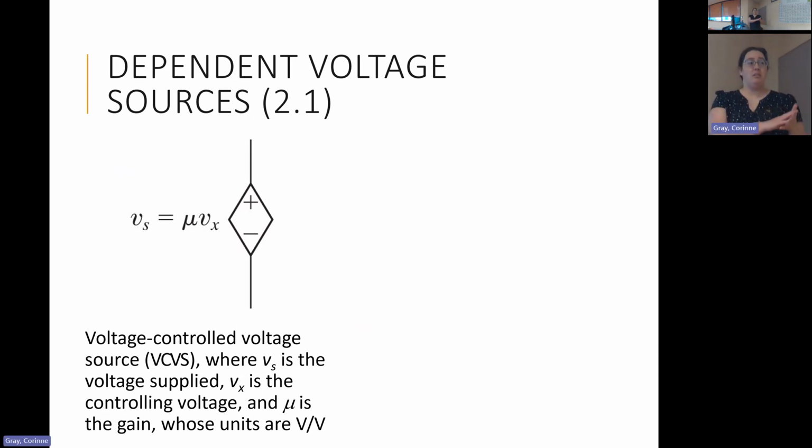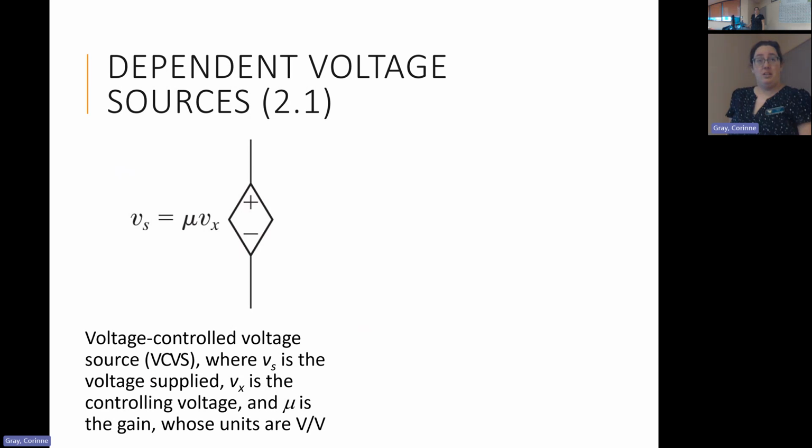It can be through that part there, or it can be somewhere else. When we work on the example, we're going to see the controlling part is somewhere else in the circuit, where you'll see Vx labeled. Once you find this voltage, you can now find the voltage of our dependent source.